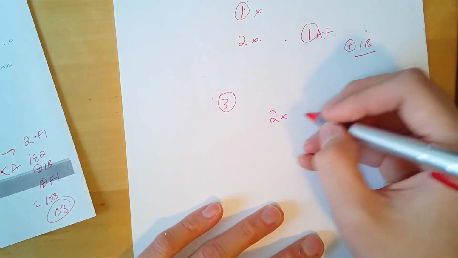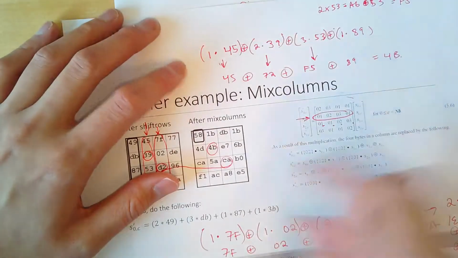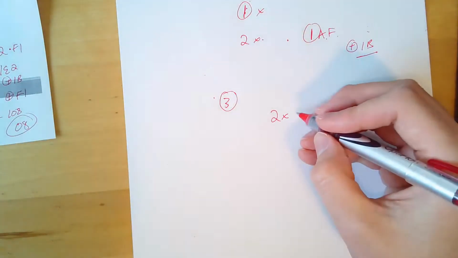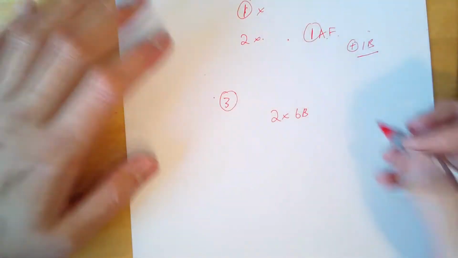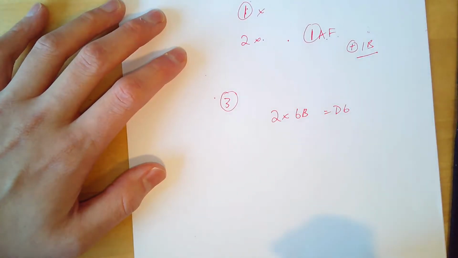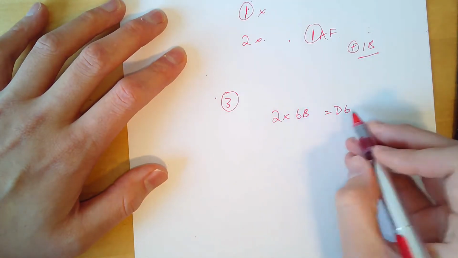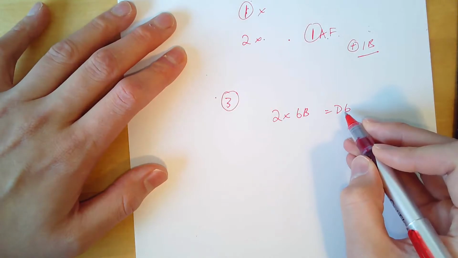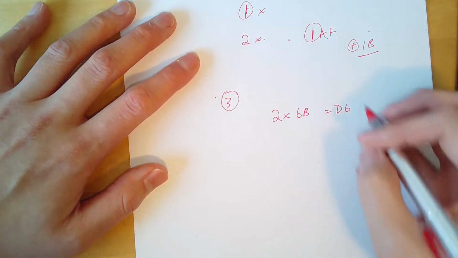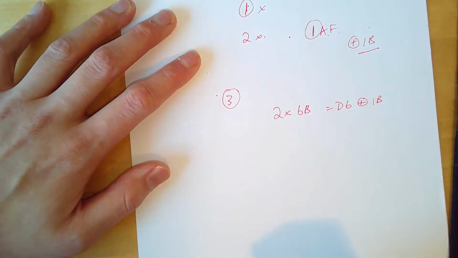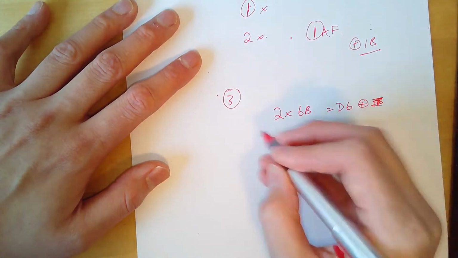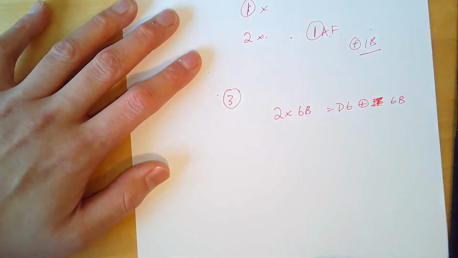So if we had 3 times 6B, we would do 2 times 6B. 6B times 2 gives us D6. And then, since there's no overflow in this case, we would XOR with 6B, for the third multiply.